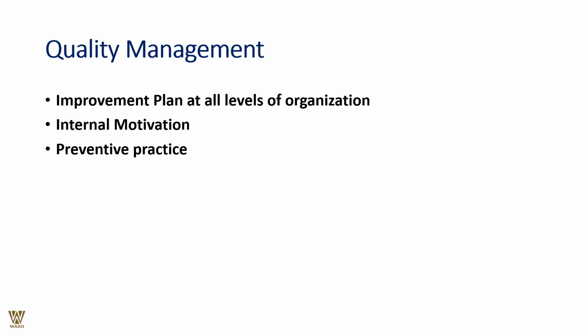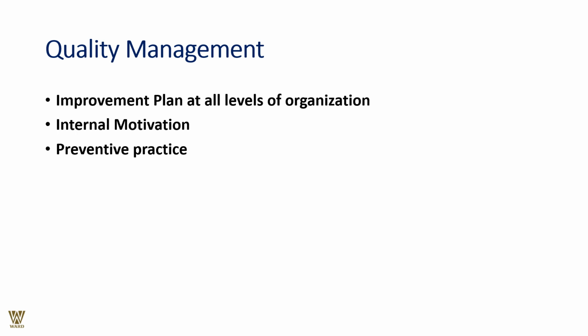Quality management is about a plan that is pervasive across the organization, across every function that the organization bestowed upon, or every department, or every statistical unit that you're talking about, or strategic business unit, as the case might be. So yes, we are talking about internal motivations. We want to have preventive practices time and again, preventive maintenance time and again.